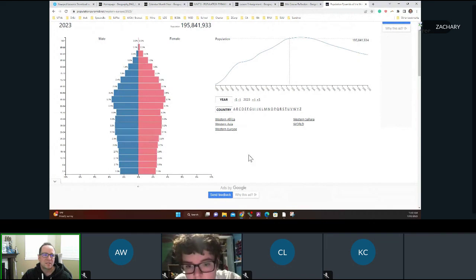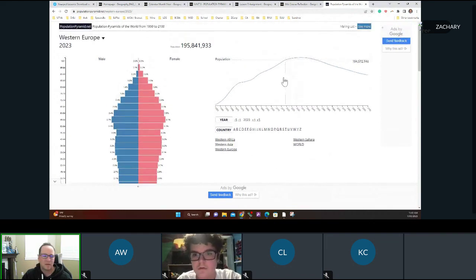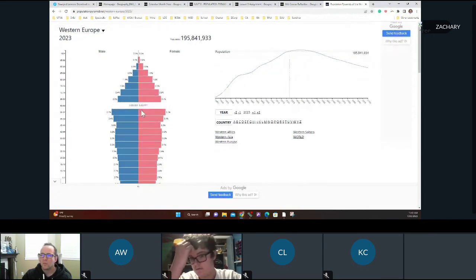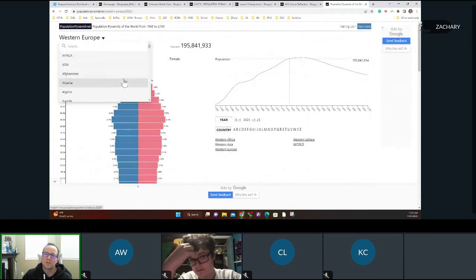Europe's population is going to peak at, it looks like, 2030, but after that it's going to start decreasing. They're not sure how that is going to work or what's going to happen when those things happen. That's something geographers are starting to think about.